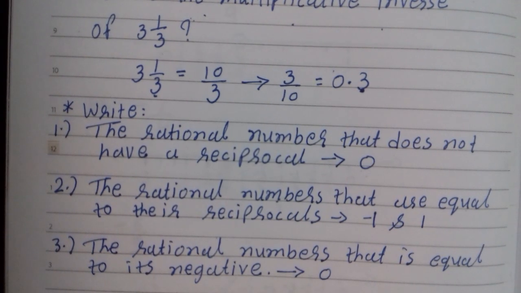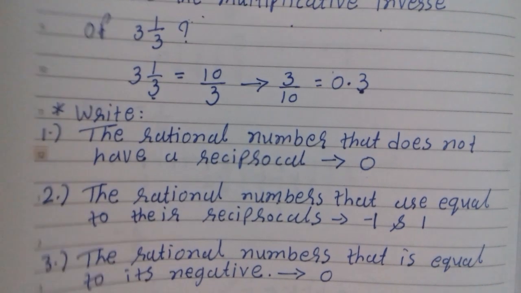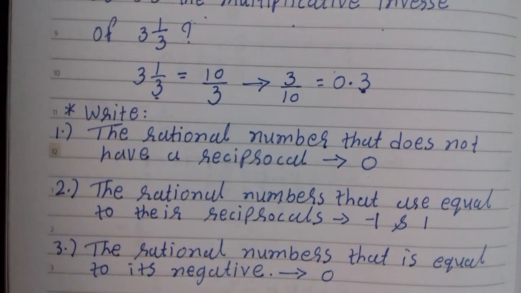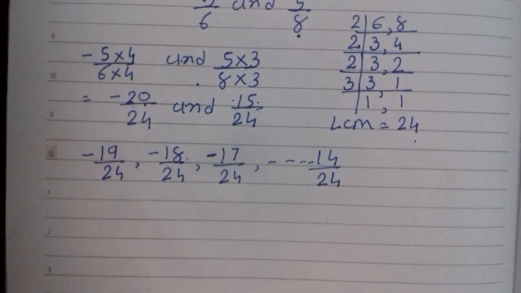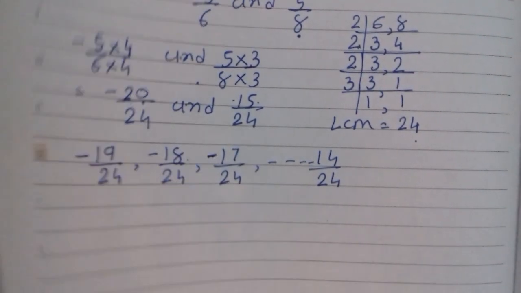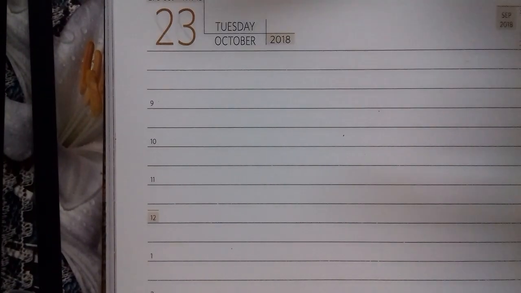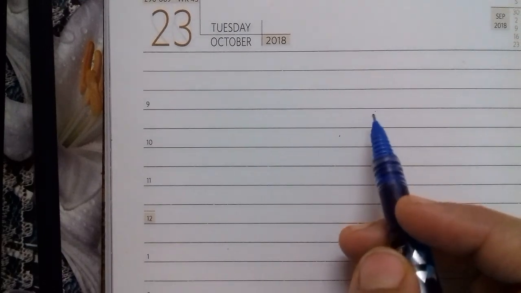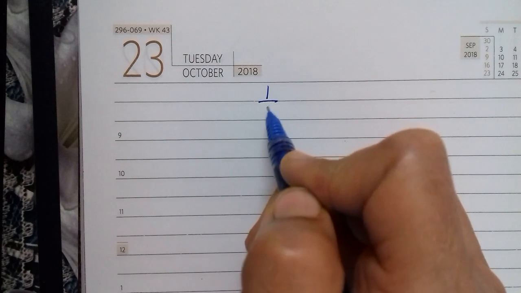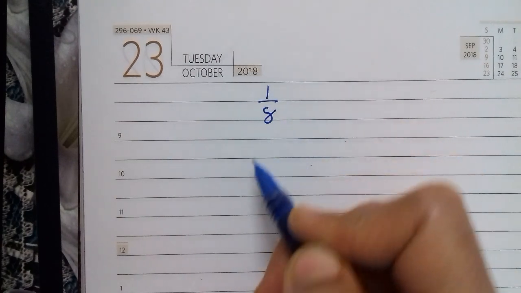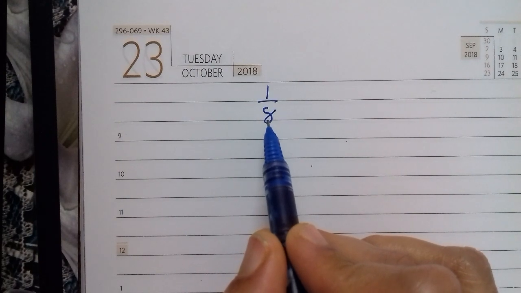The next point, representation of rational numbers on the number line. To represent 1/8, the number line may be divided into 8 equal parts.